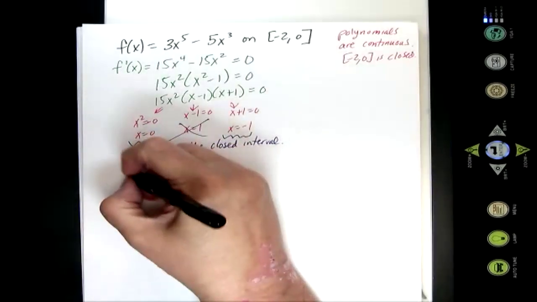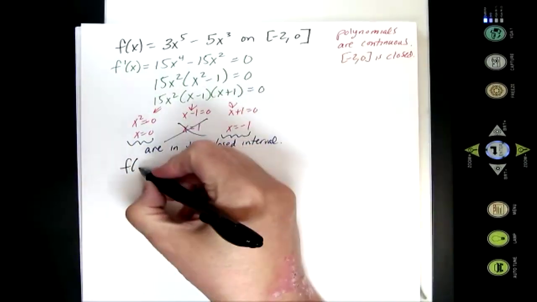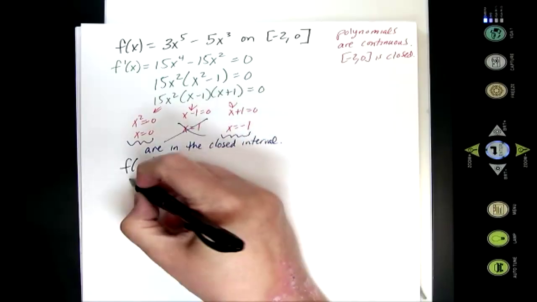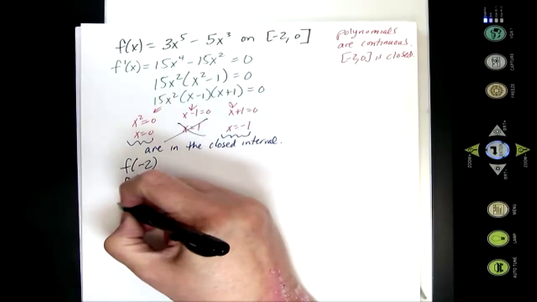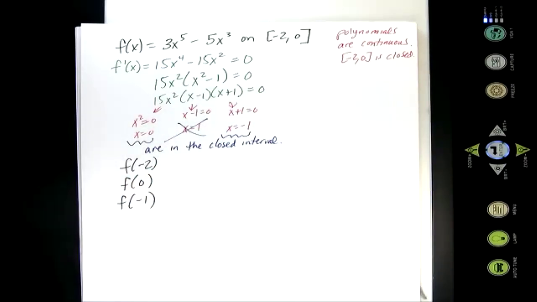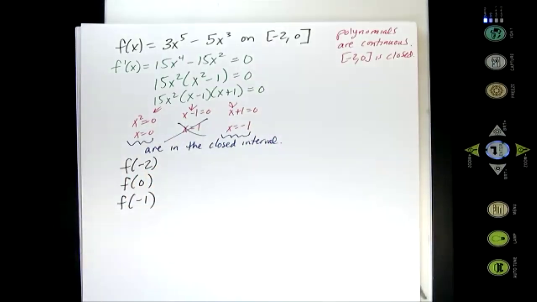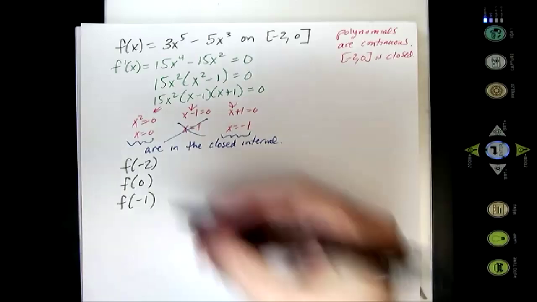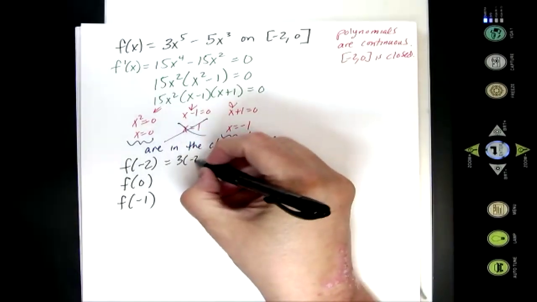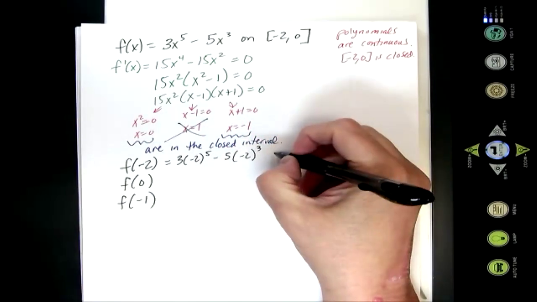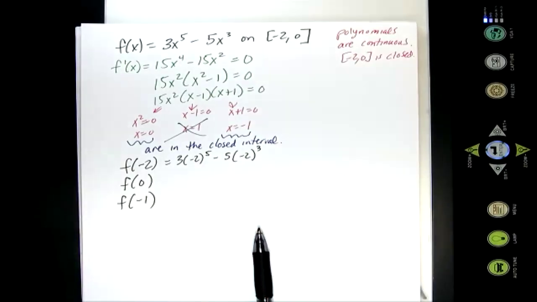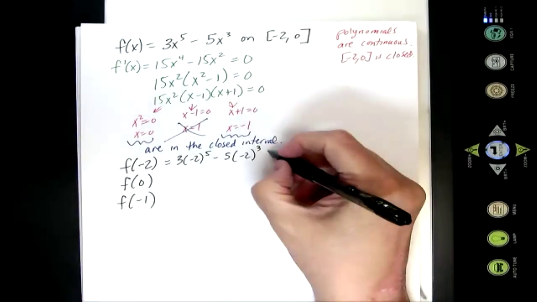So we'll evaluate f at the endpoints, and f at critical points. -32. 96 minus 40 is -56.